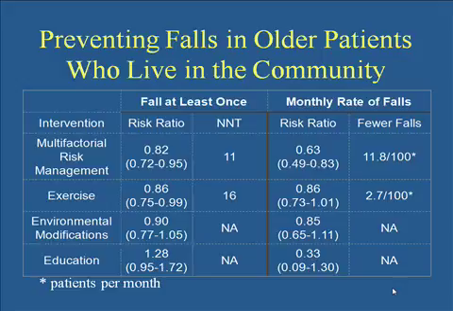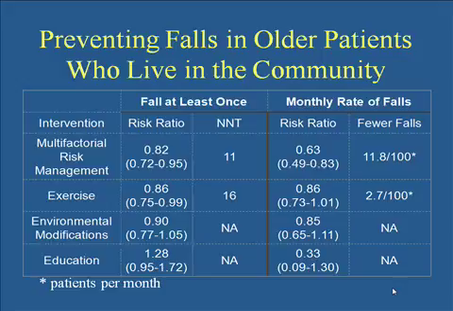You can see that we can look at exercise programs, we can look at environmental modifications, and we can look at education. In isolation, you can see that education and environmental modifications have not been proven to prevent falls in the research that has tried to better understand their role.